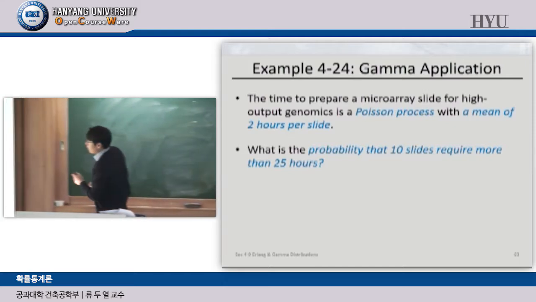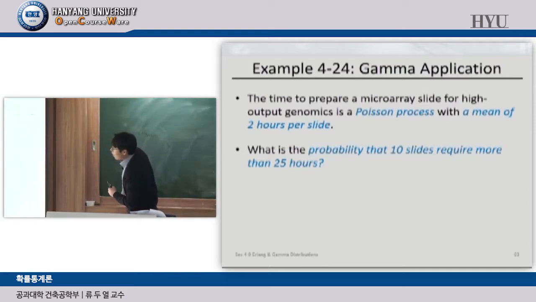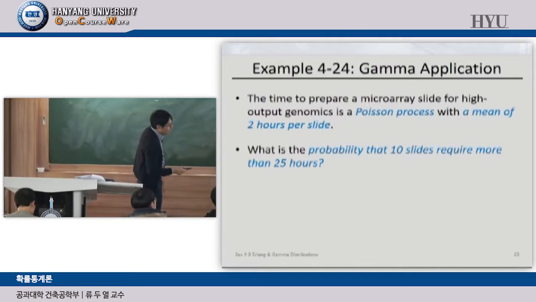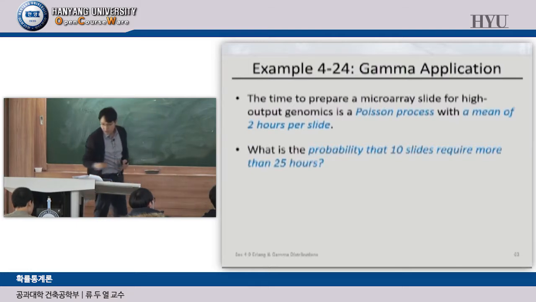In that case, the mean is 2 hours per slide, right? And we have to find out the probability that 10 slides require more than 25 hours, right?